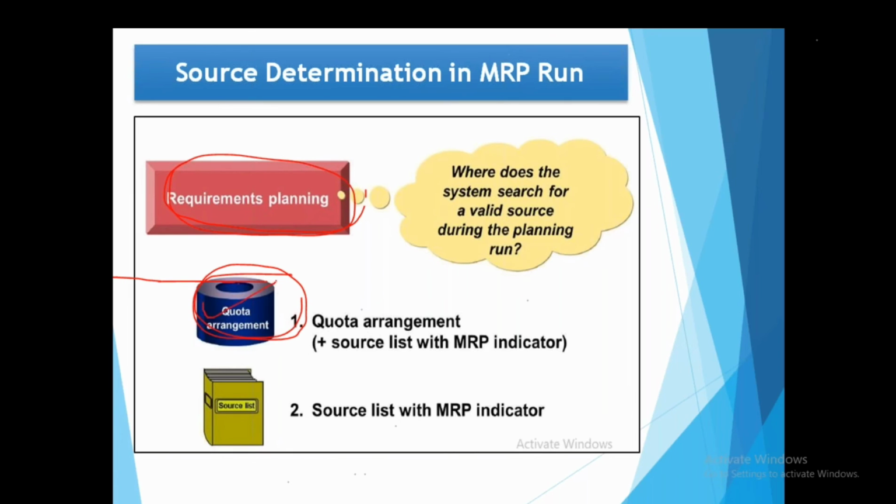If the quota arrangement is maintained, it will assign the sources according to it. If the quota arrangement is not there, then the system will go for the source list with MRP indicator. This is the order of priority in which the system will search during the MRP run.